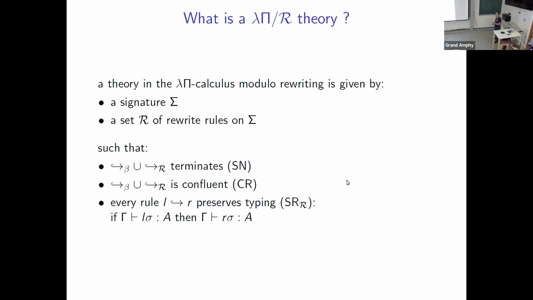If you have these three properties, then you have the same properties as the lambda pi calculus that we have seen before. In the last lecture, we will see some techniques to prove those properties and how they relate to each other.